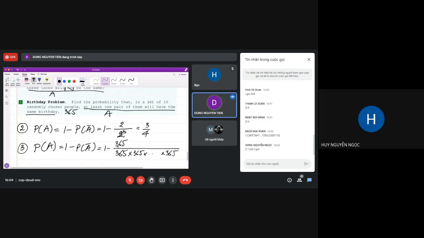For the second person, you want that person not to have the same birthday as the first person, so the second person has only 364 options. All right, and you go on down to 356. Then this expression will give you the desired probability. Is that clear? Okay, that makes sense.